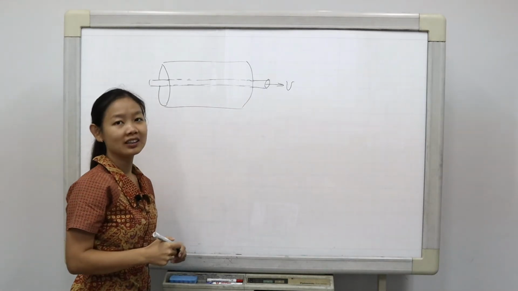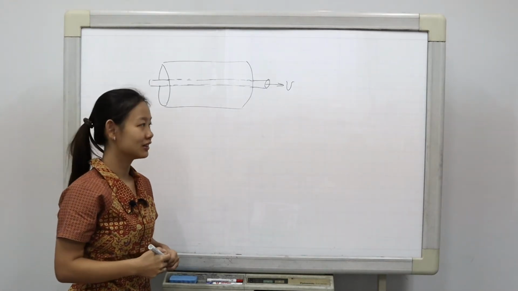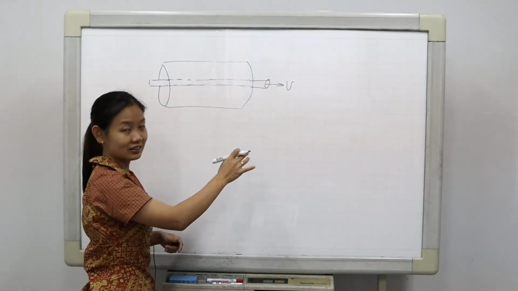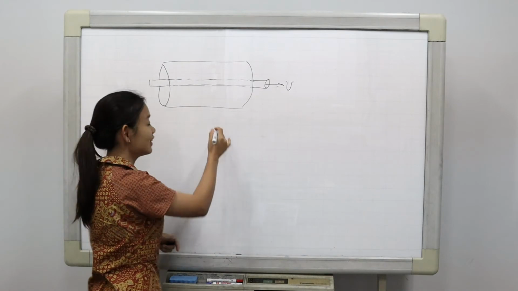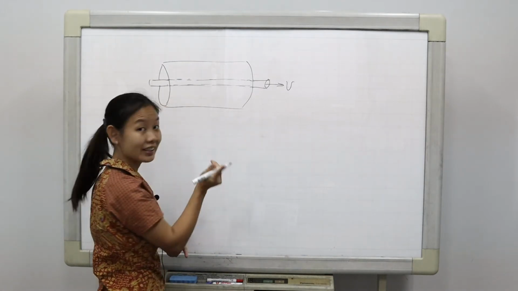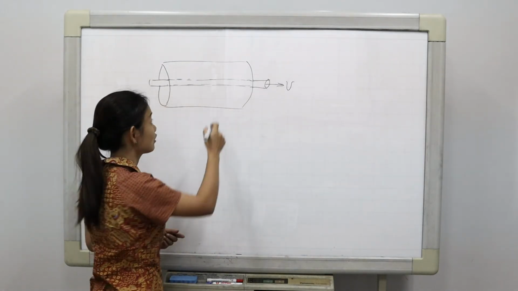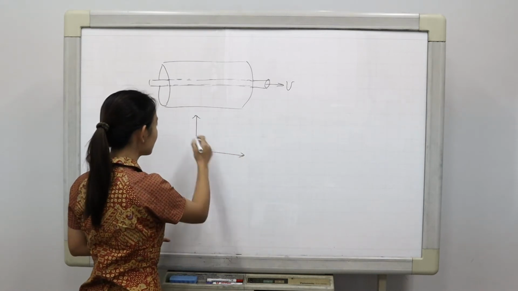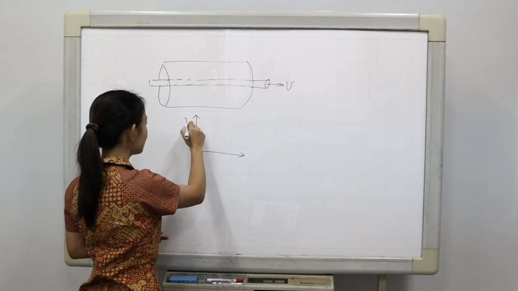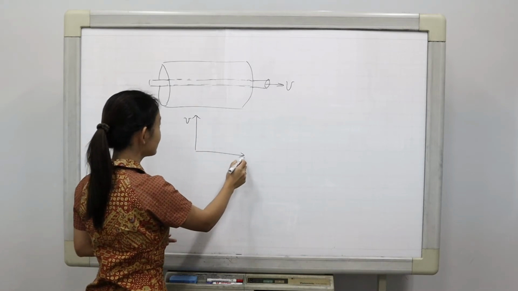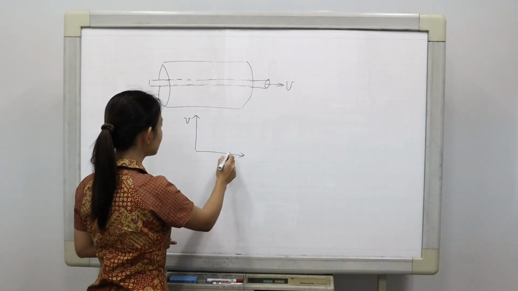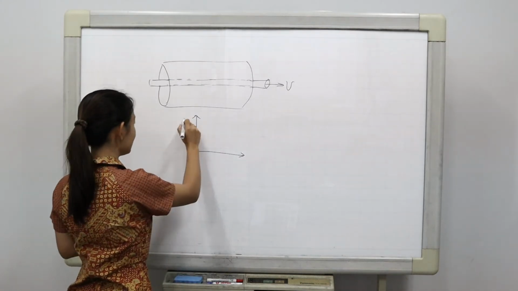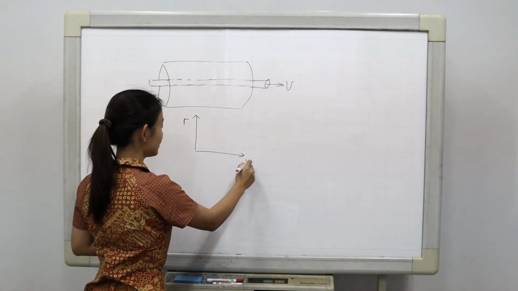Now, if you are asked to draw the velocity profile on the fluid in steady state condition, this is the radius and this is the velocity.